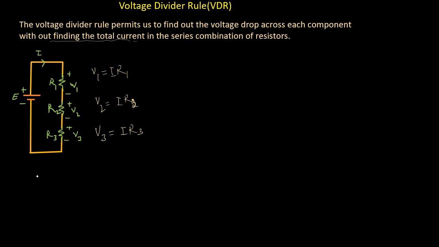As we know, the total current in the circuit equals E, the input voltage to this series circuit, divided by the total or equivalent resistance of this series circuit. The equivalent resistance is RT equals R1 plus R2 plus R3.